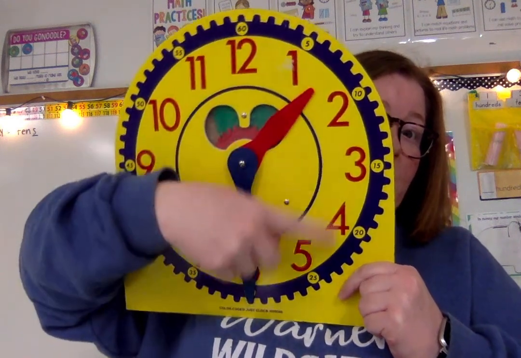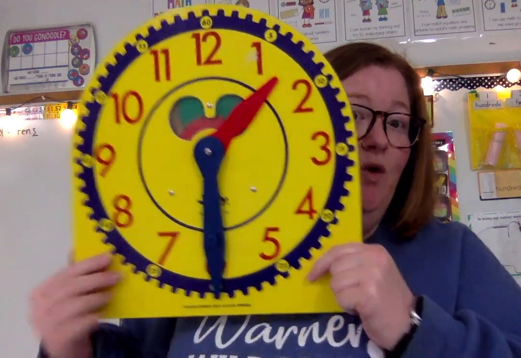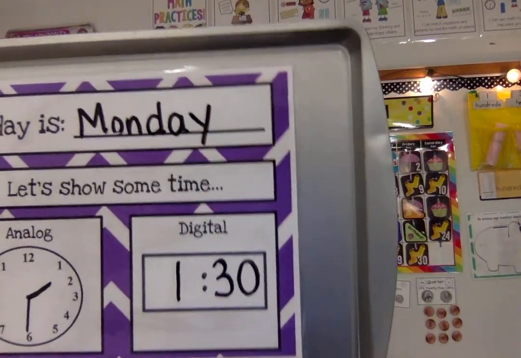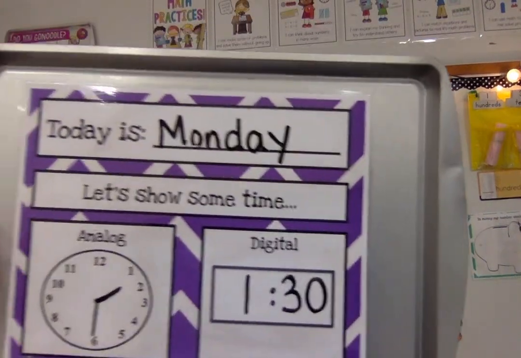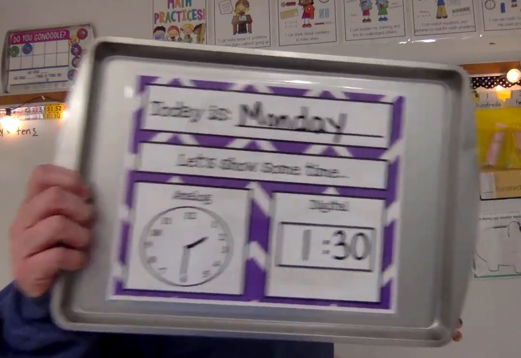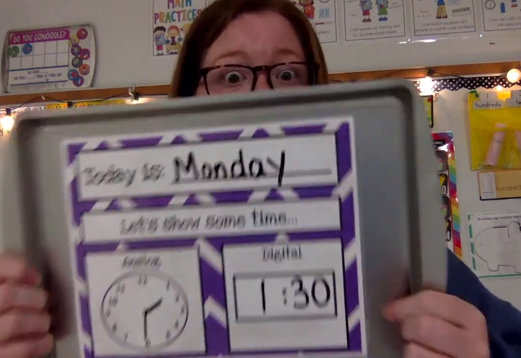When we go from the 12 halfway down is to our 6. That's how we would draw it, trying our best to put that hour hand in between the 1 and the 2, and our minute hand all the way down at that 6. 1:30 on our digital clock.